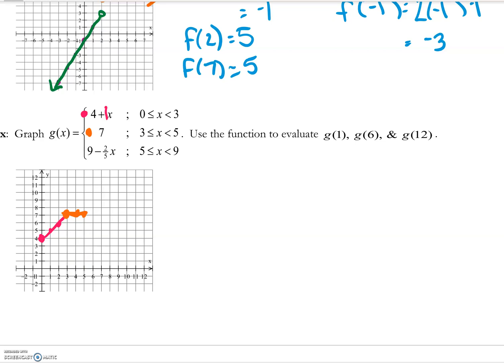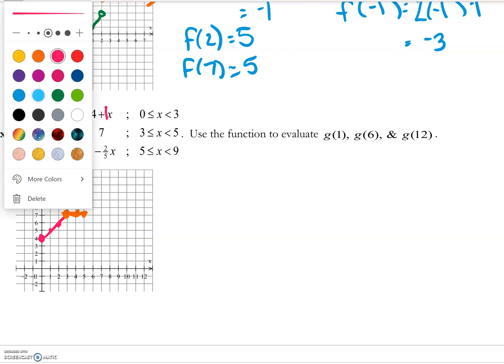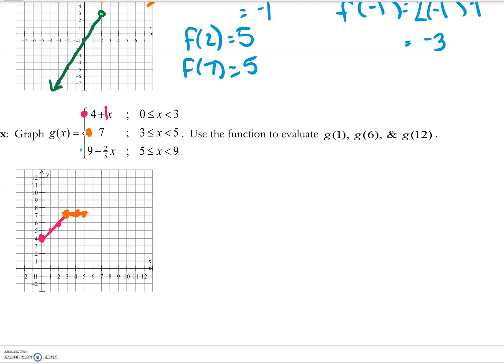And the last piece of this piecewise defined function, maybe I'll make it blue, has the equation 9 minus 2/5 x. So 9 is my y-intercept, and my slope tells me to go down 2, right 5. 1, 2, 3, 4, 5. Down 2. 1, 2, 3, 4, 5.